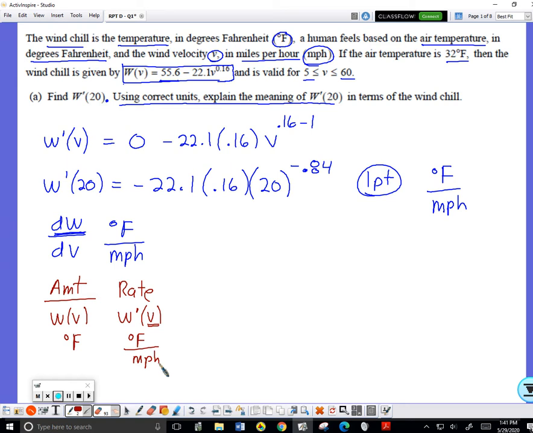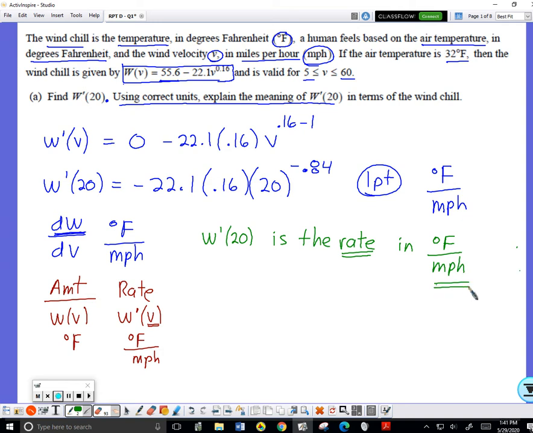So I would write on my paper, W prime of 20 is, got to have the word rate, is the rate in, got to have the units for that, degrees Fahrenheit per miles per hour, it's got to have the units.